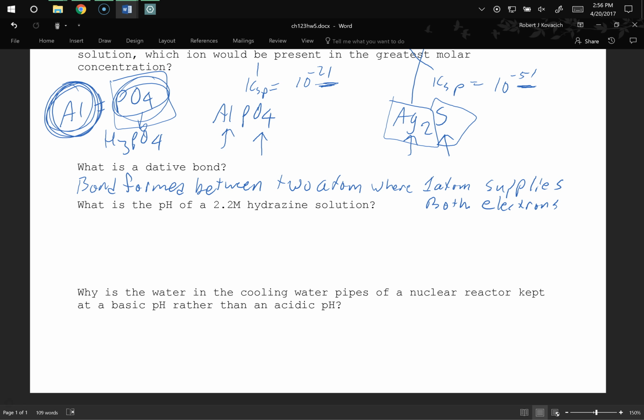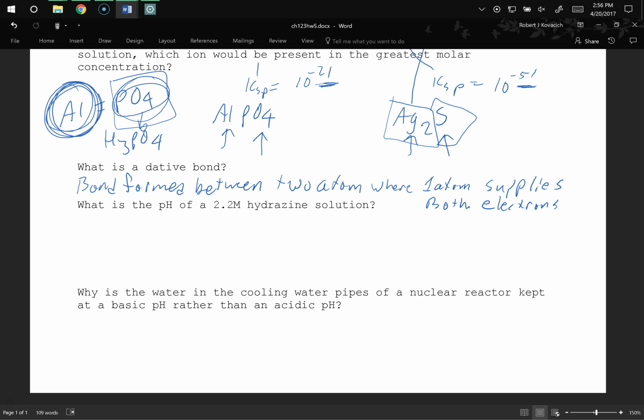Okay, how about this hydrazine? What's going on with this? Why not? Second? Still not the OH concentration, but at least you got that part right.